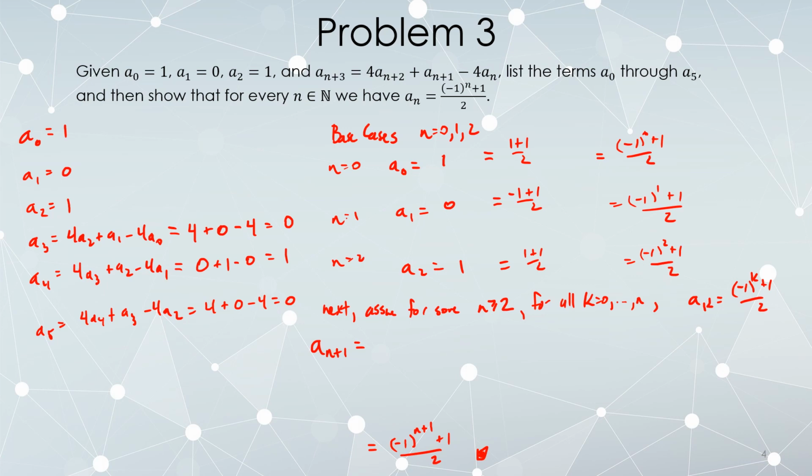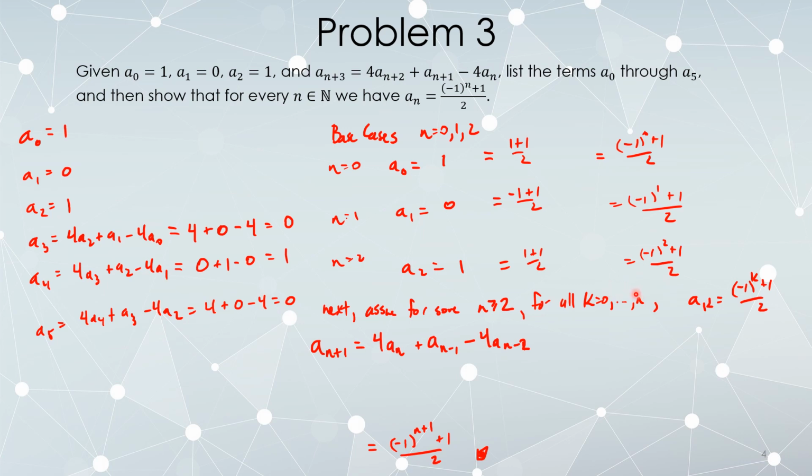So a sub n plus 1 is going to be equal to 4 a sub n plus a sub n minus 1 minus 4 a sub n minus 2. As before, since n is at least as large as 2, n minus 1 and n minus 2 are not negative, so all of these indices, n, n minus 1, and n minus 2, are between 0 and n.